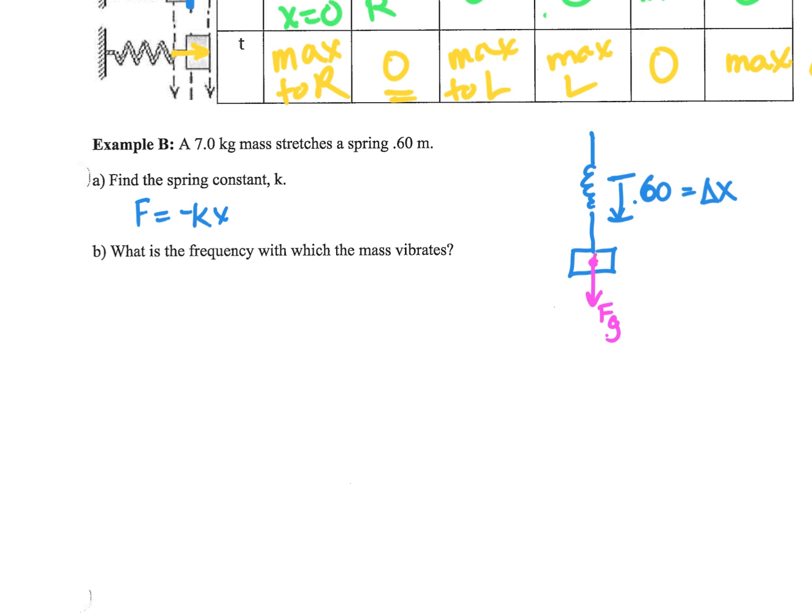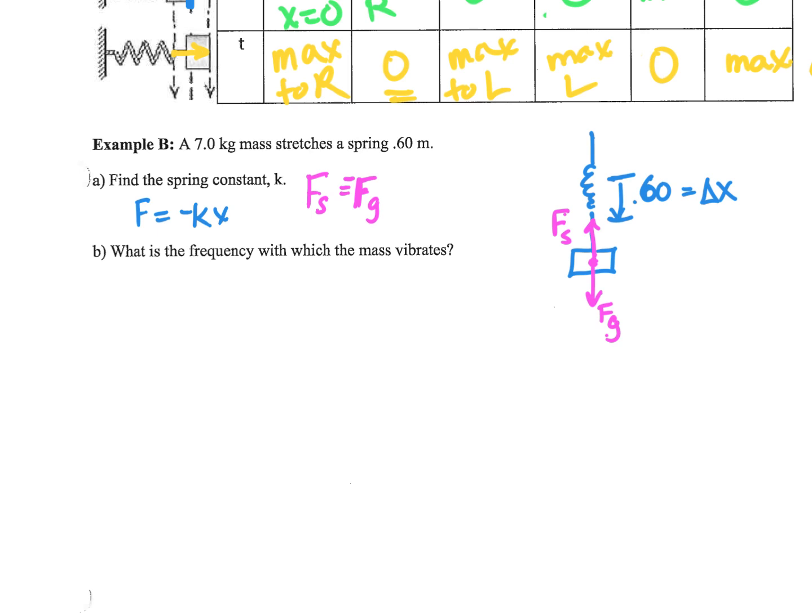So the spring force in this case is equal to gravity. Okay? Now, be careful. It's equal to negative gravity, isn't it? The negative of gravity? So if we plug this in here, we get what? So this would be negative mg.